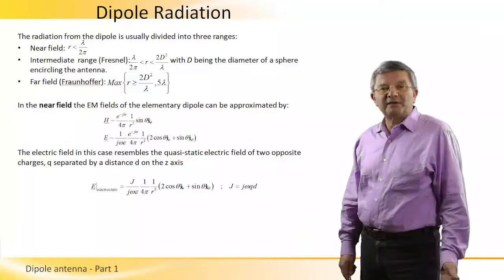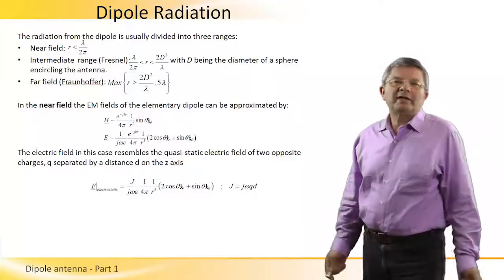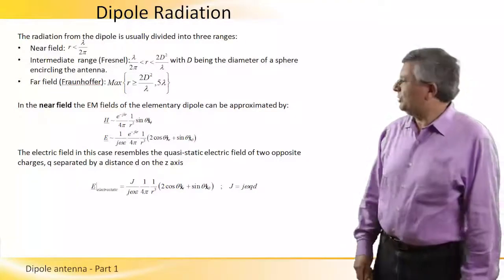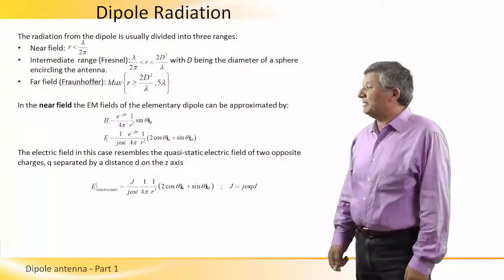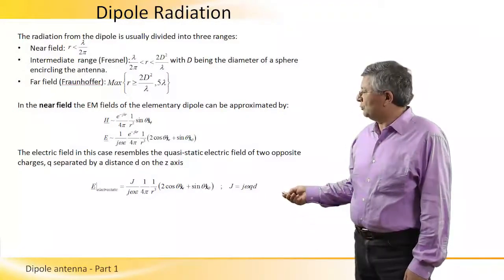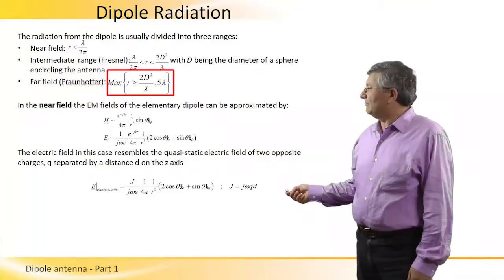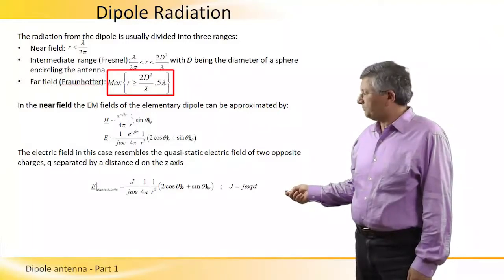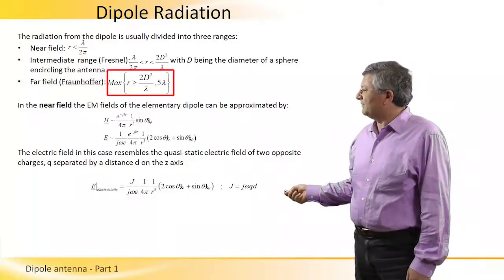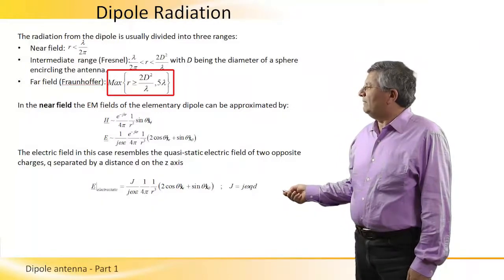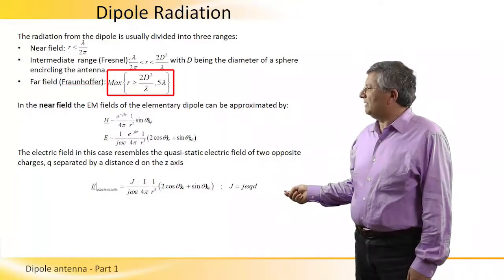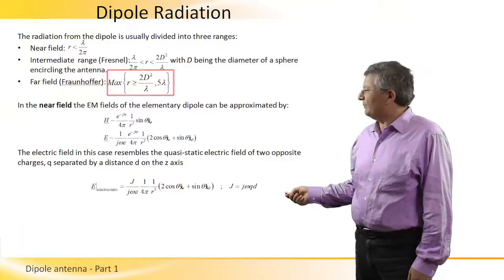And there is the far field, or the Fraunhofer zone, determined by the upper bound between those two quantities, r larger than 2d squared over lambda or 5 lambda. For very large wavelengths, the dominant term is 5 lambda, while for very small wavelengths, the dominant term is 2d squared over lambda.